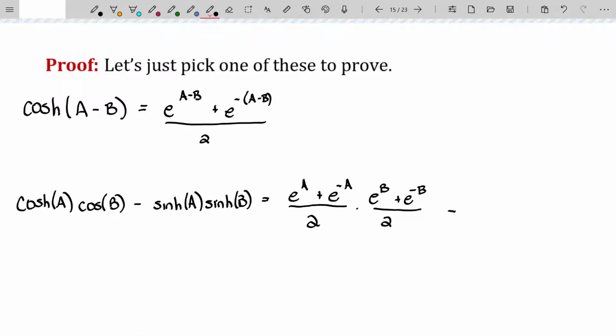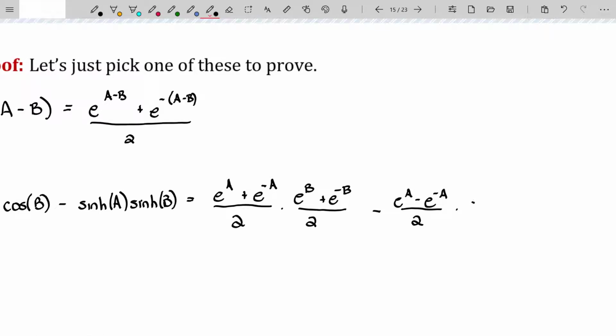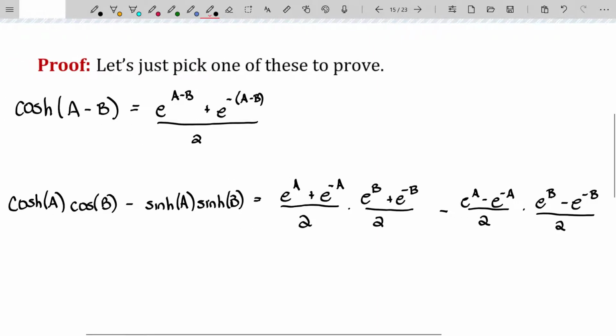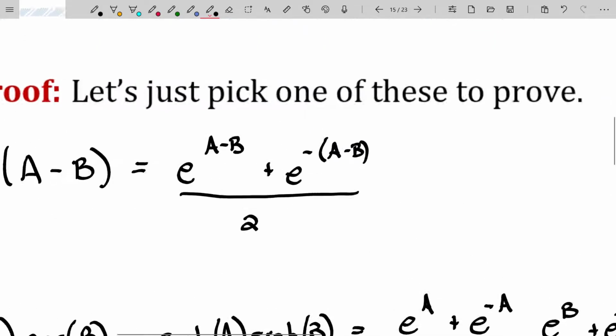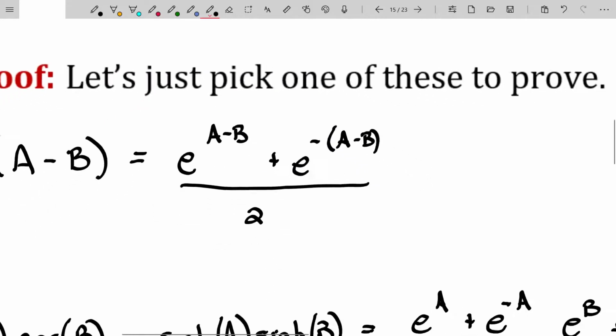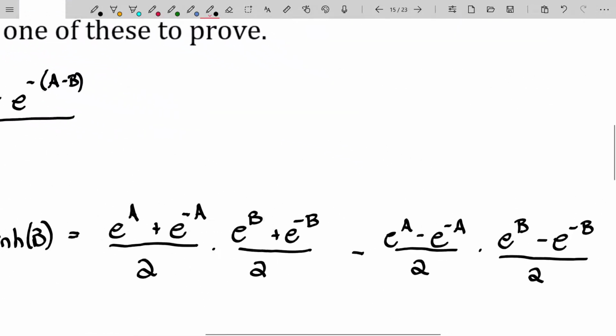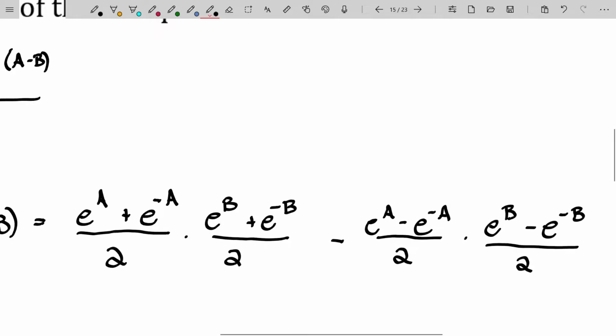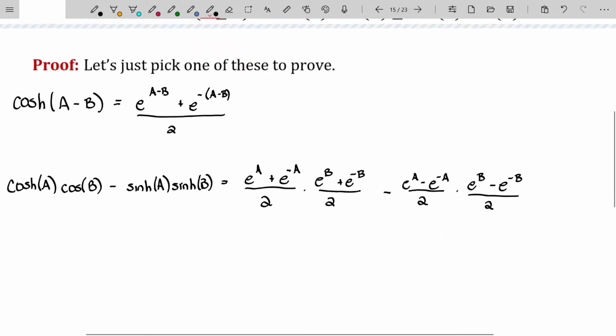And then minus the sinh of A, e to the A minus e to the negative A over 2, times e to the B minus e to the negative B all over 2. Now, we're claiming that this picture is the same as this picture right here. Even though they don't look like they're the same, we're claiming that they are the same.